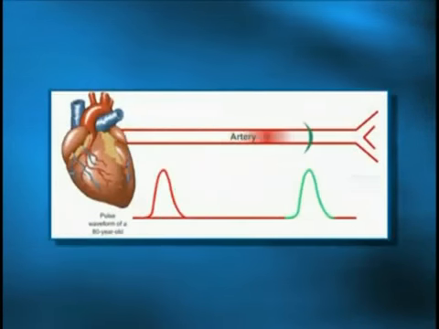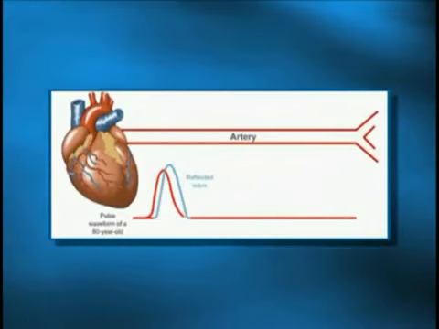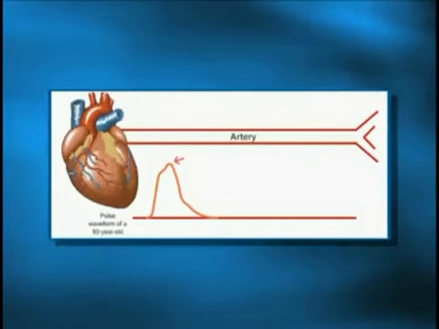Now if you were to look at an 80-year-old, you see a very stiff artery, and when the heart pumps, the wave travels so fast, it comes back right at you at the systole. So the wave goes up, and then it is augmented or increased by the reflected wave, and you spend about 2/3 of the time overcoming the wave, 1/3 of the time resting and getting the blood.